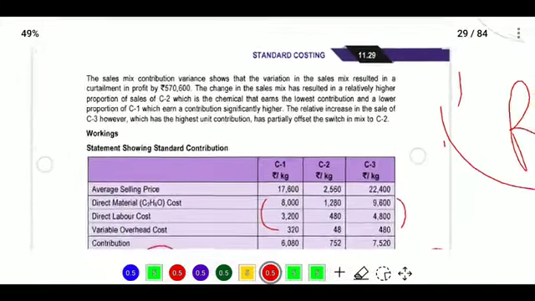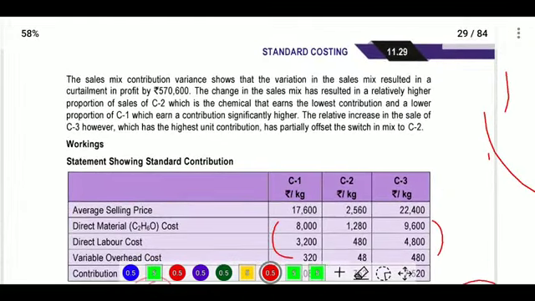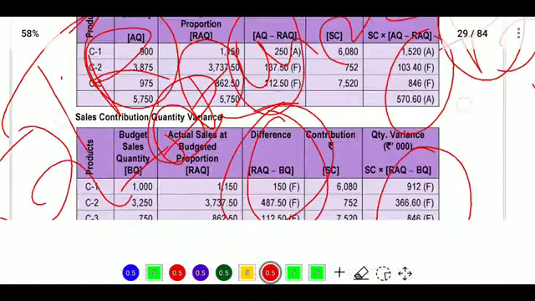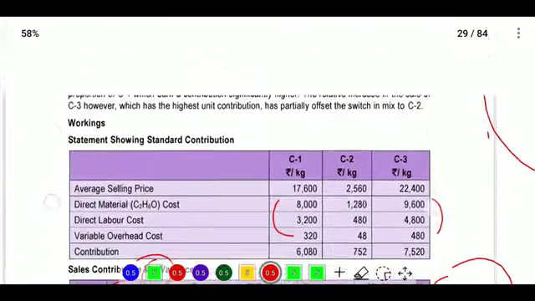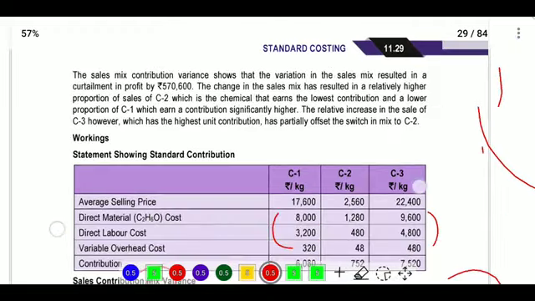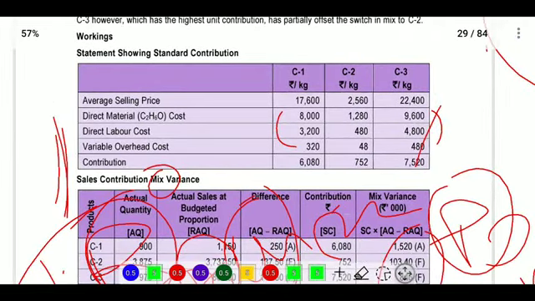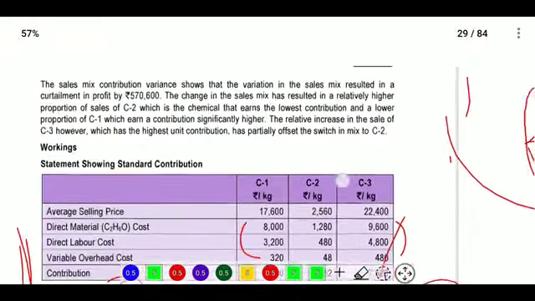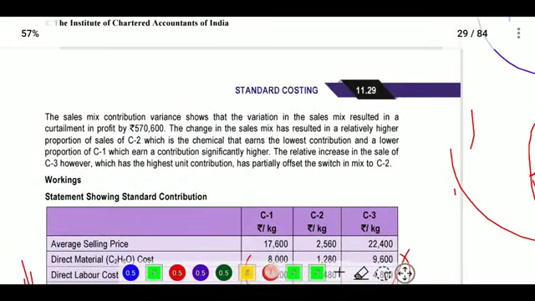Next, the sales mix contribution variance shows that the variation in the sales mix resulted in curtailment in profit by 5,07,070,600.